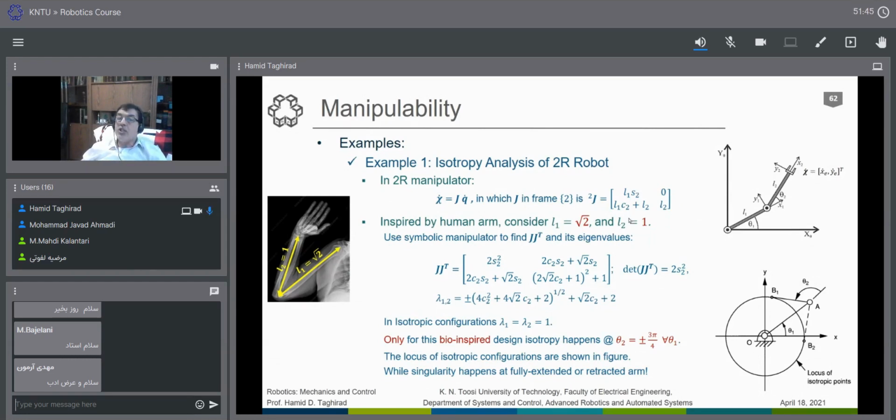We find the Jacobian transpose. So we have this. We can use symbolic manipulation in MATLAB or Maple software that you are now familiar with. Just to open a parenthesis here. In our examples, in our assignment and in our project, you are encouraged to use MATLAB.